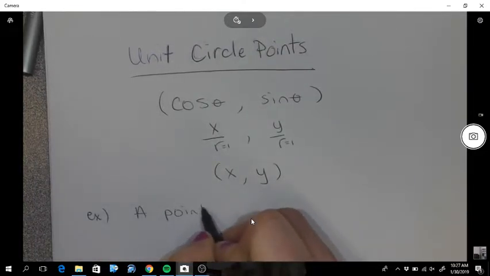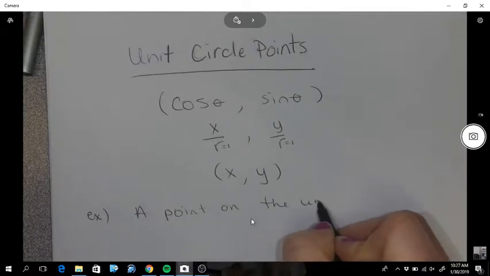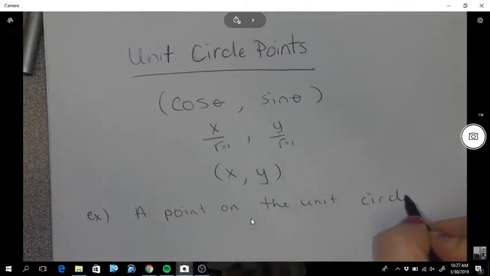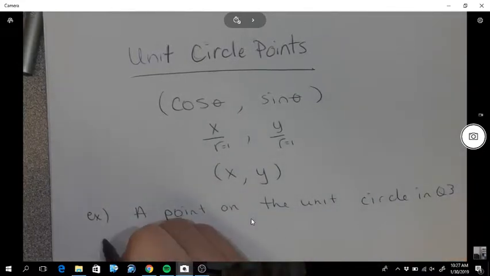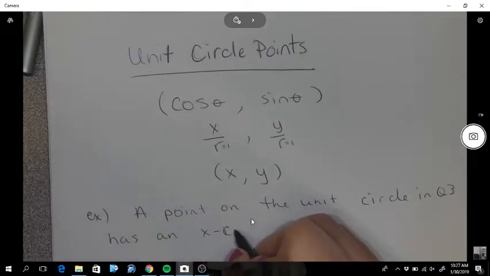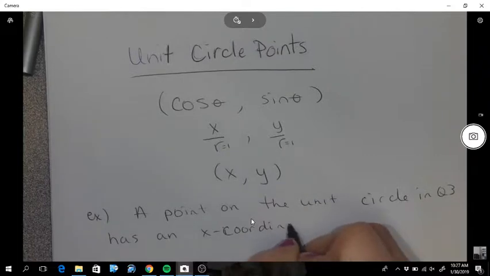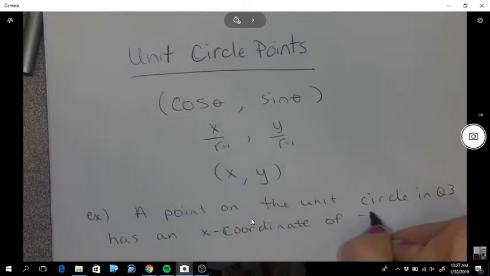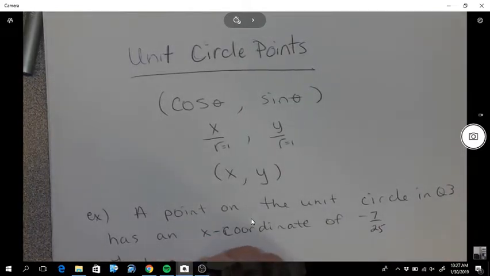So here's an example. A point on the unit circle in quadrant 3 has an x-coordinate of -7/25. Find the cosecant of the angle.